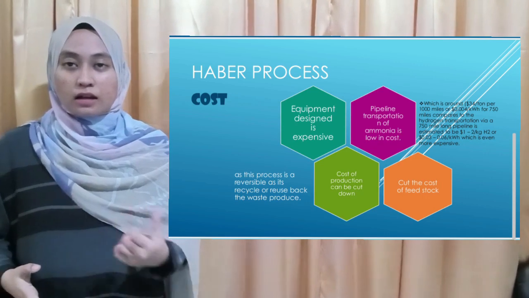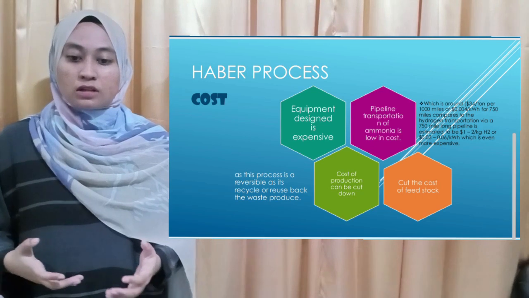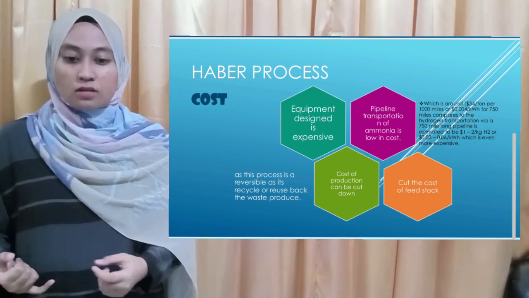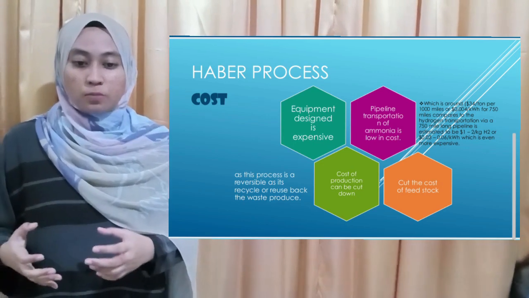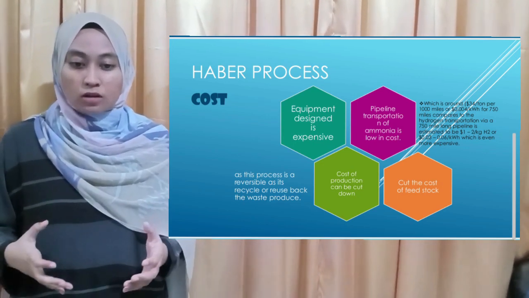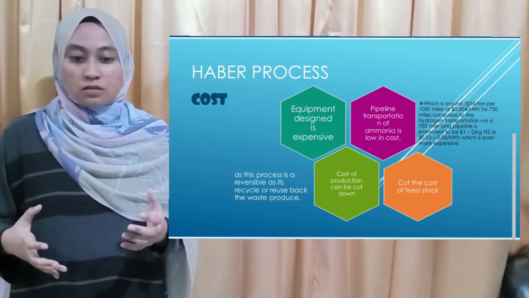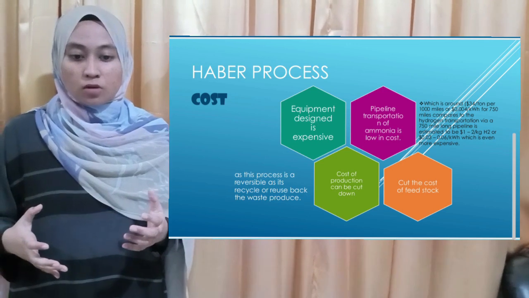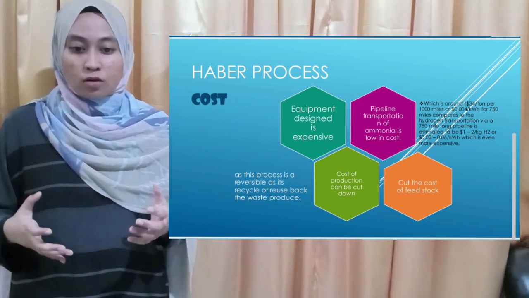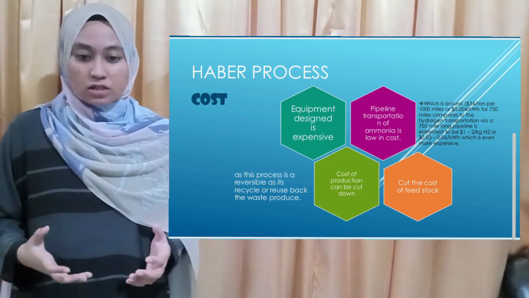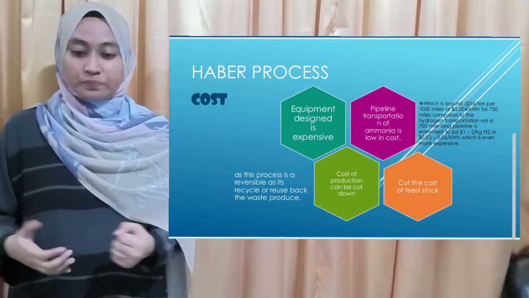Other than that, pipeline transportation of ammonia is low in cost because it is only around $3.34 per ton per 1,000 million or $0.004 kilowatt hour for 750 miles, compared to hydrogen transportation, which is very expensive.